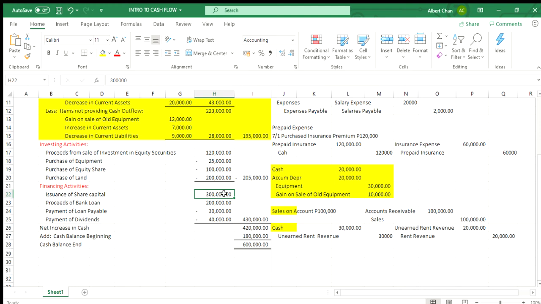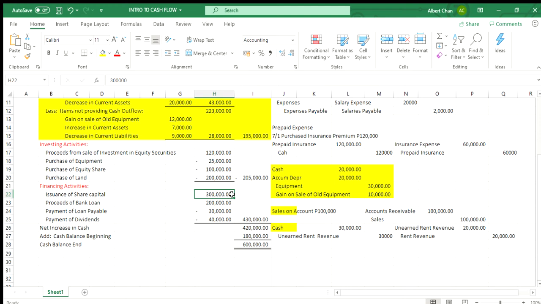If you increase your issuance of share capital, remember the effect on earnings per share. Your denominator will increase because the number of shares issued and outstanding will increase, so your earnings per share will decrease.